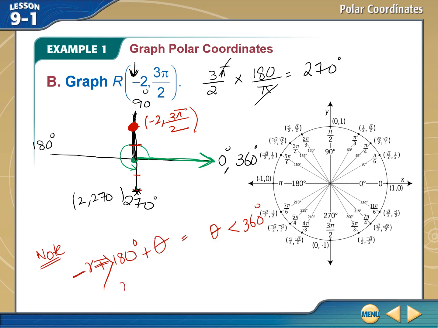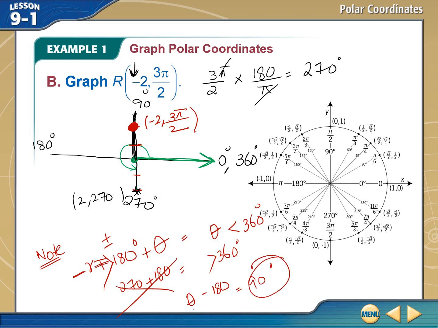In your case, if it is 270 and you add 180, the answer will be greater than 360, so you will ignore it. So rather than plus 180, you are going to minus 180. So 270 minus 180 will give you 90 degrees.